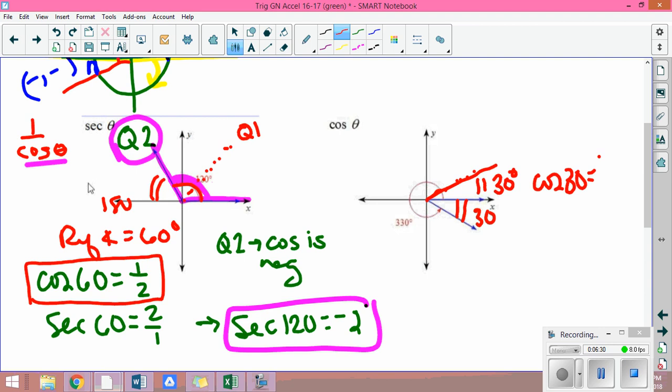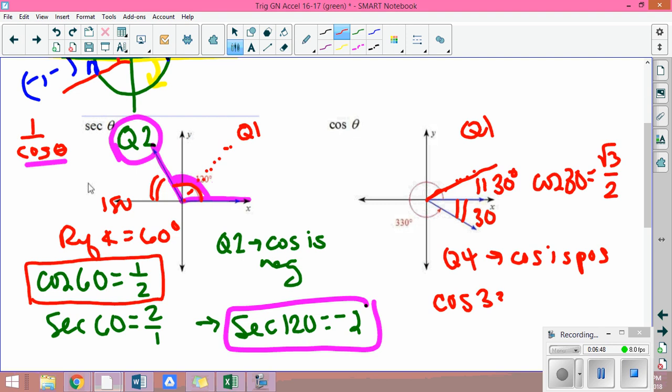The cosine of 30 is the square root of 3 over 2. That's quadrant 1. Down in quadrant 4, my cosine is positive. And so the cosine of 330 is the square root of 3 over 2.